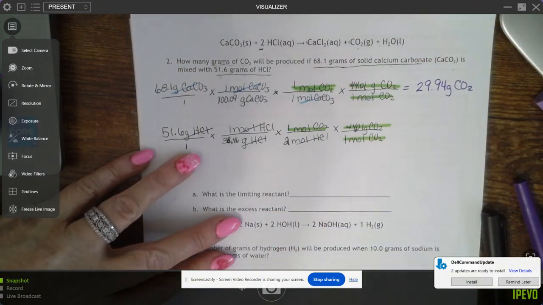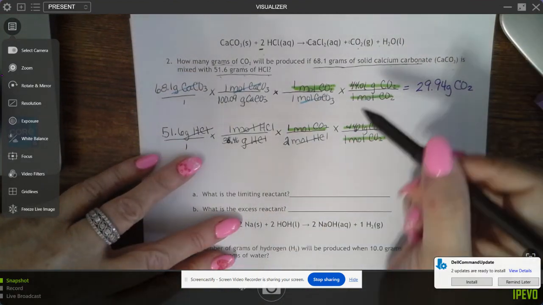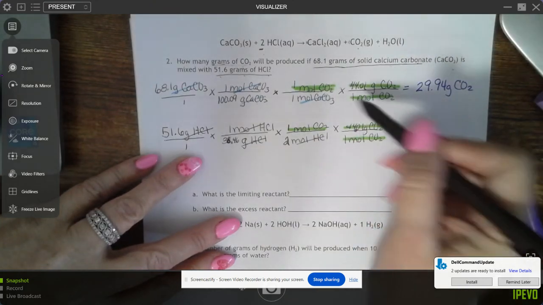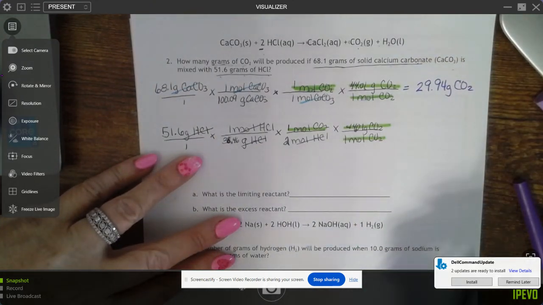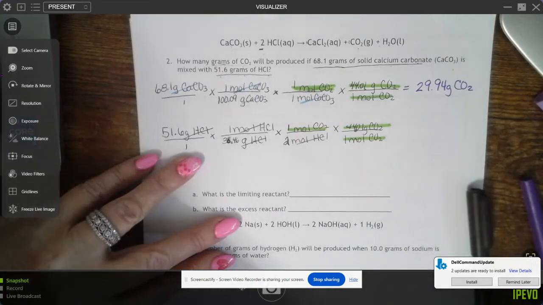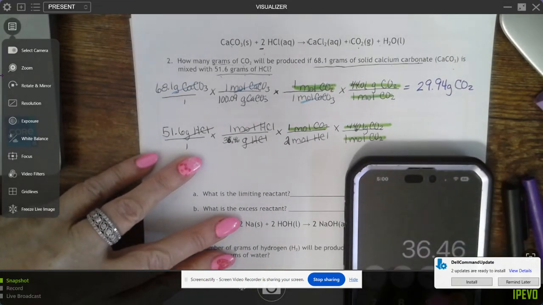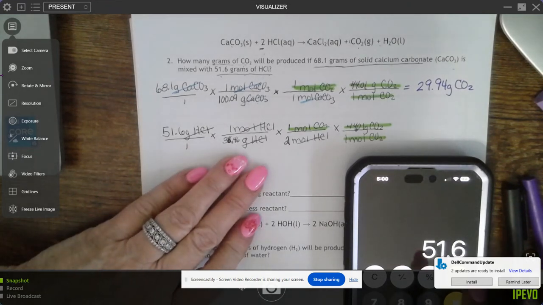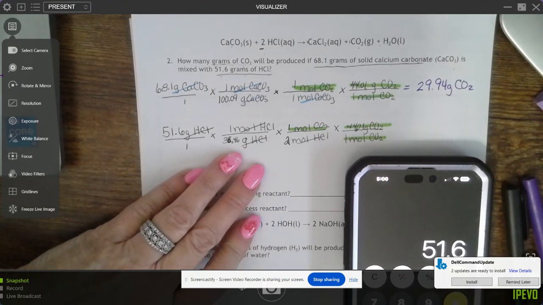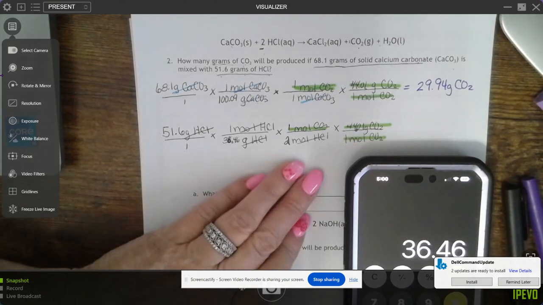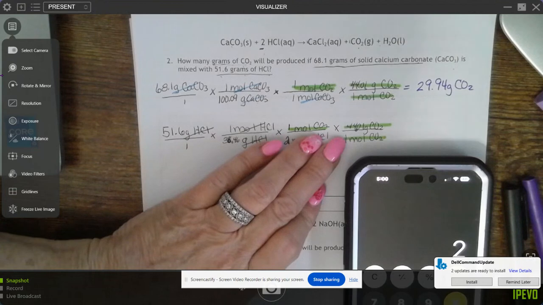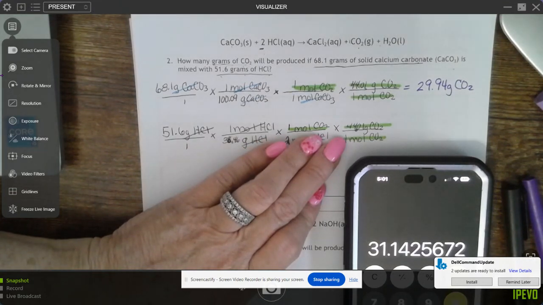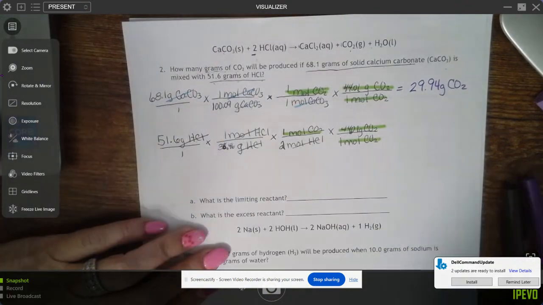To know you're on the right track, this last step should be identical, because we're always going to be looking for the same thing. So let's see, 51.6 divided by 36.46 divided by 2 times 44.01 is 31.14.